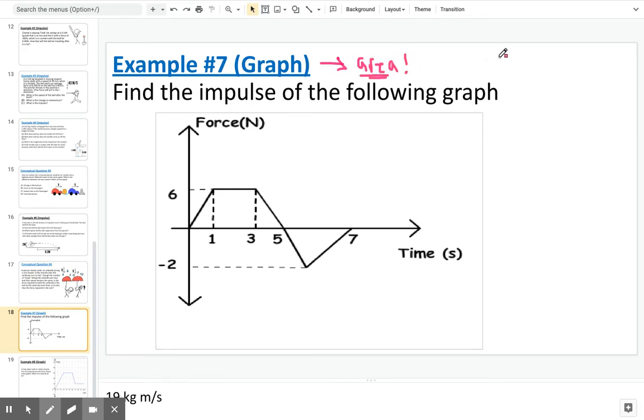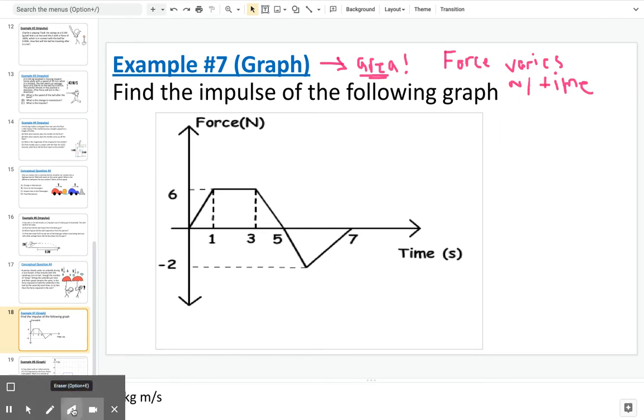Why this works is actually related to calculus, which we have not yet learned, but technically, if the force is not constant, which in this case it is not, when the force changes or varies with time, the impulse will also vary as force varies over that time interval.